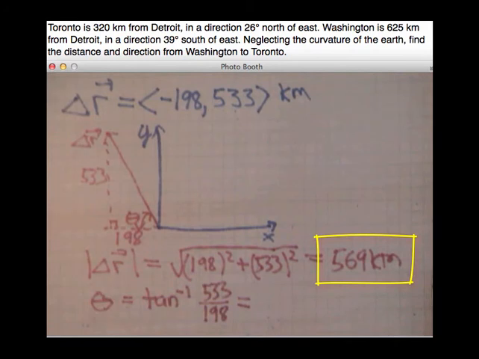And if I plug that number into my calculator, I get an angle of about 70 degrees. So that tells us that if I want to start in Washington and end up in Toronto, I better head off in a direction that's 70 degrees north of west. Okay? So that we did, and we did it without even consulting Google Maps.